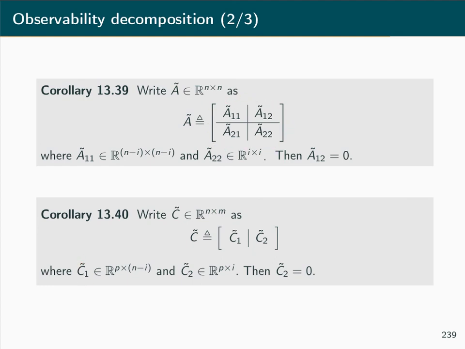So C tilde 1 is a P by n minus I dimensional matrix, and C tilde 2 is a P by I dimensional matrix. Then C tilde 2 is equal to 0. Again, we just provide a short informal argument as a proof, and that's because SUO tilde is completely unobservable.